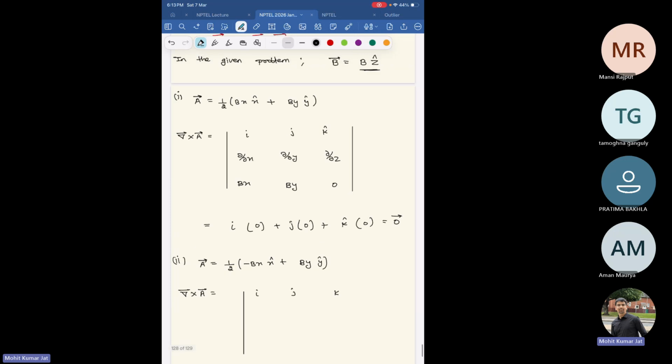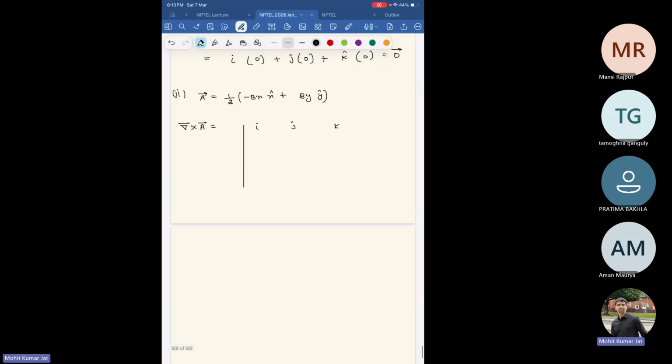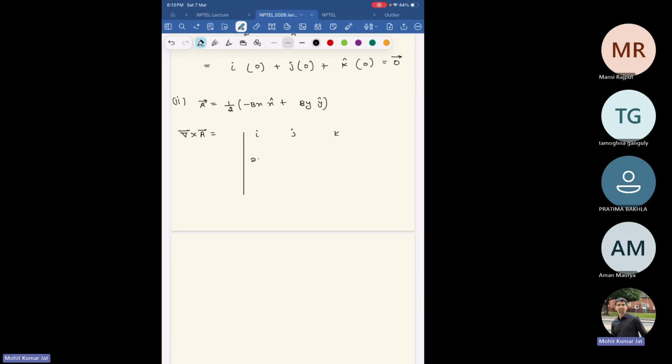Here it should be bx by 2 and by by 2, but that doesn't change the result. Del by del x, del by del y, and del by del z; minus bx by 2, by by 2, and 0.